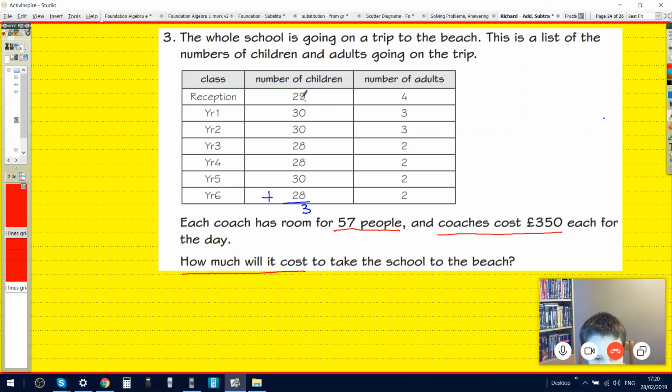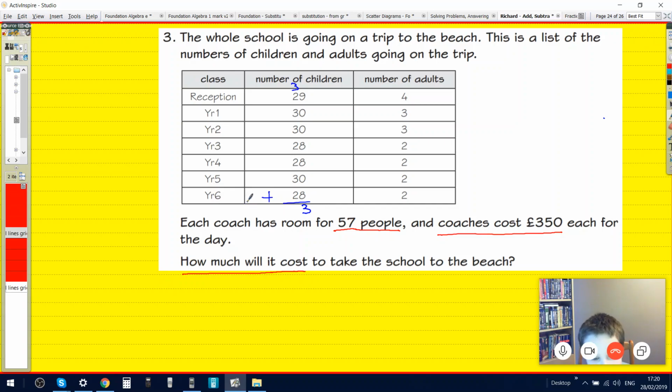And so now we need to do 3 plus 2 plus 3 plus 3 plus 2 plus 2 plus 3 plus 2. So 3 plus 2 is 5. Add on a 3 is 8. Add on another 3, that is 11. Add on 2, that is 13.